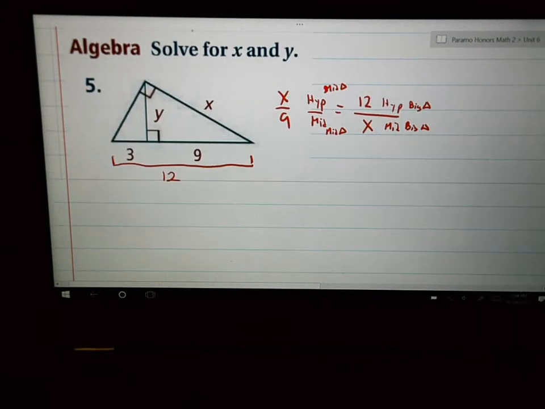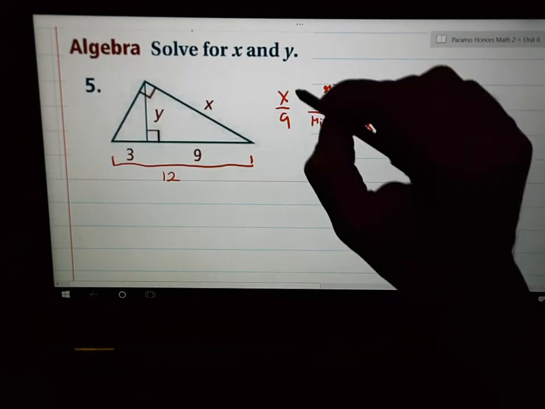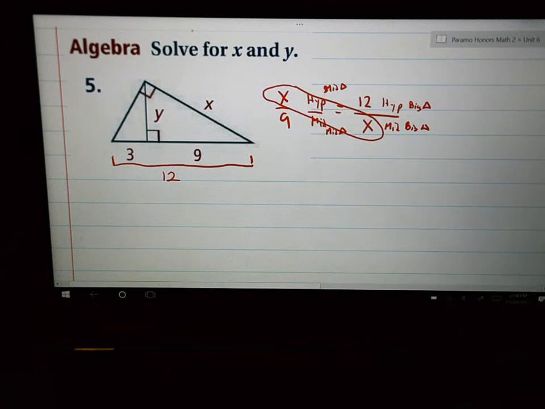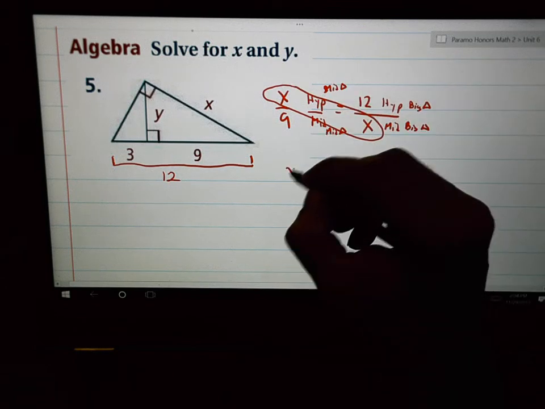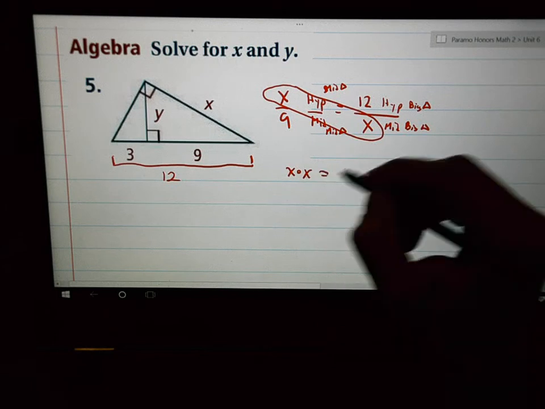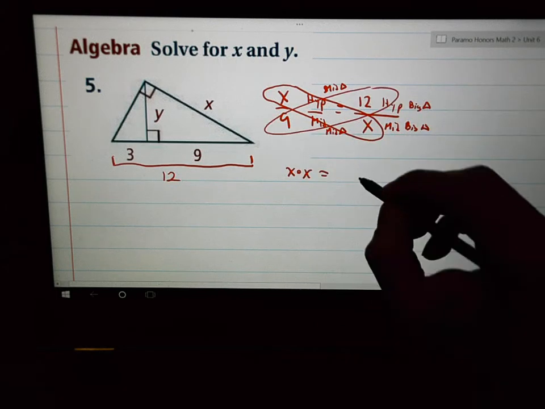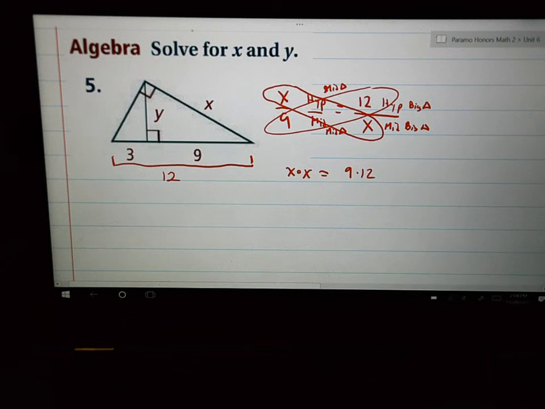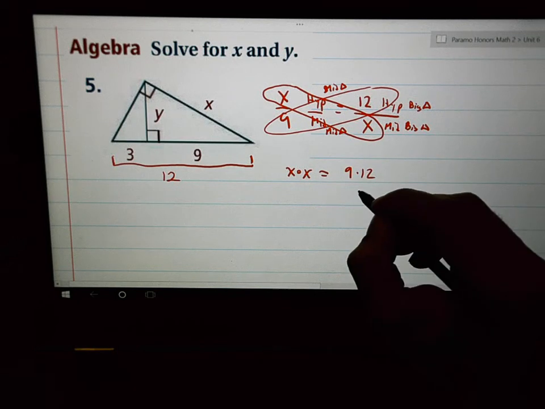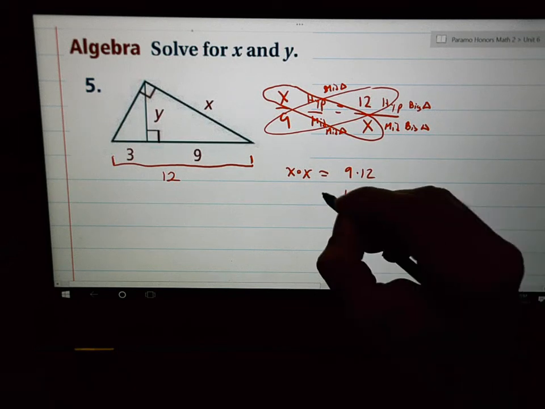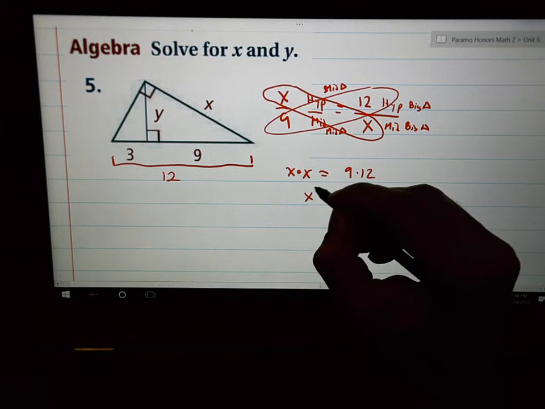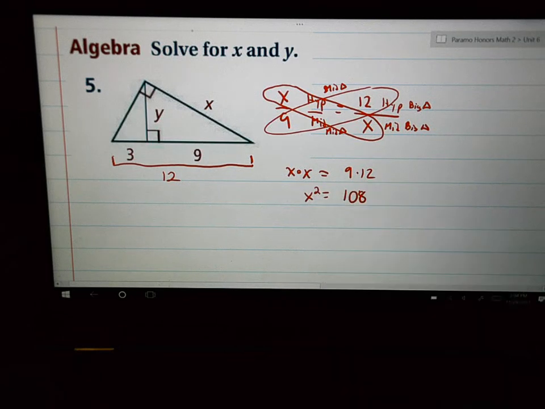Now, when you set this up and you have this, you're still going to do the product of the extremes and the product of the means. 9 times 12 is 108. X times x is x squared because there's two factors of x.